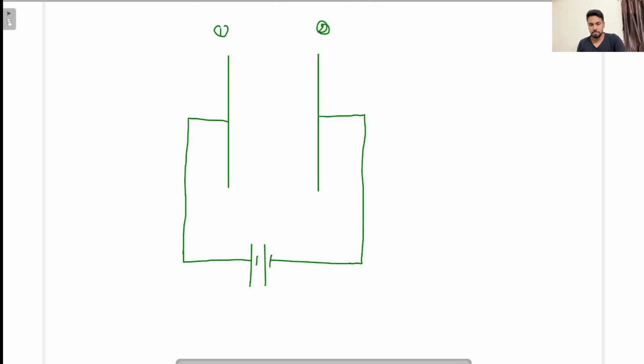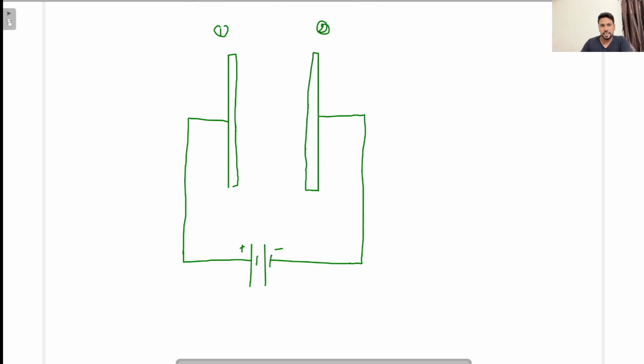Now look here. As soon as the battery is connected, this is positively charged, this is negatively charged. I told you it is a neutral conductor. It's a metal piece, so it's neutral. And since it is a metal piece, it will have free electrons, right? Even in lower grades you have studied that metals have free electrons.